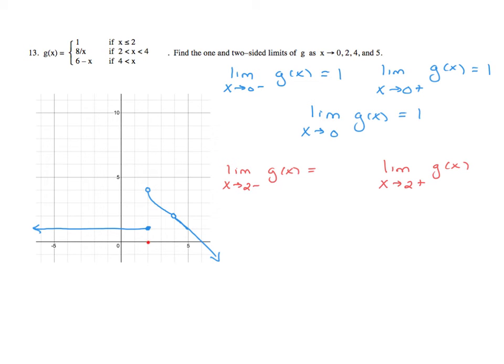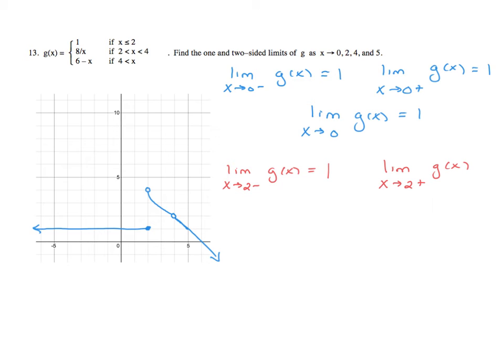Okay, if I look at 2, and I think of approaching from the left, I'm talking about this part of the function, it's definitely going to be equal to 1. So I can see from the graph that the limit is 1. However, if I'm approaching 2 from the right, here I see that the graph is going up and it keeps getting closer and closer to 4.